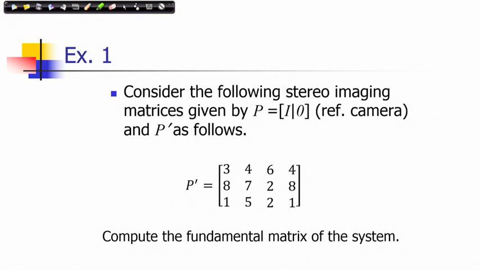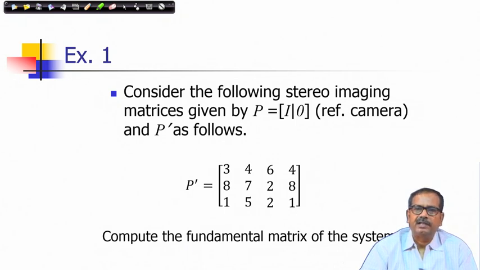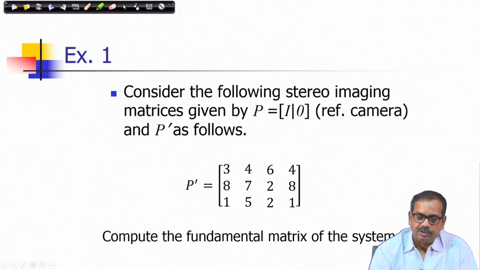Look at the problem once again: the reference matrix P is given as I0, which is in the canonical form itself, whereas P prime is in the non-canonical form. That means it is not calibrated, its calibration parameters are not known to us, rather I know all the elements of the projection matrix P prime. With this configuration, we would like to compute the fundamental matrix of the system.